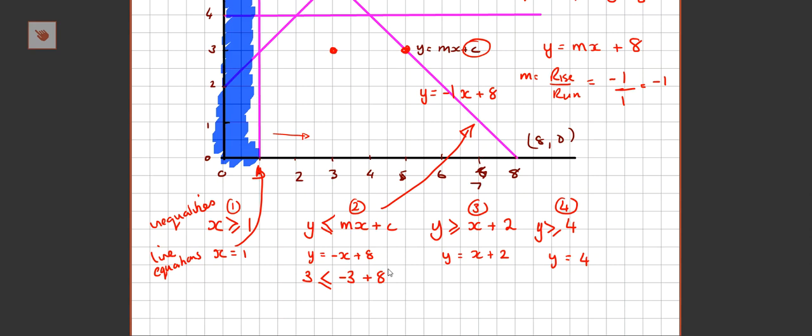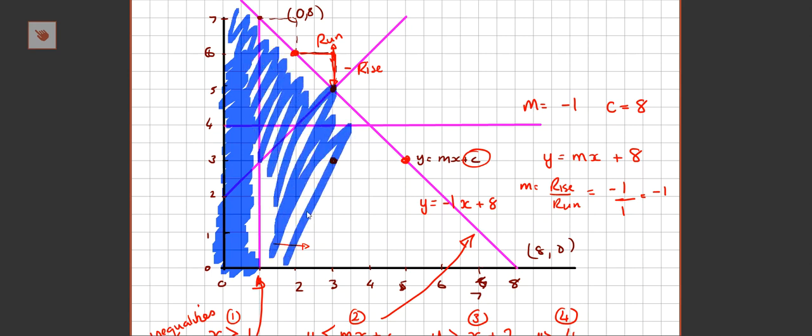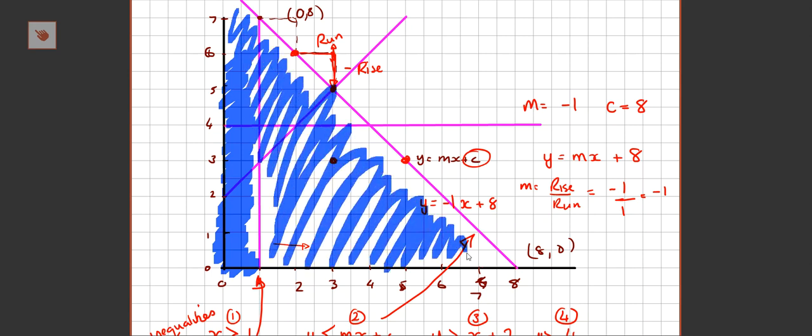No, it's not. That is not true. Therefore, I'm not allowed that point, which means I'm not allowed any point that side of the line. So I'm going to shade everything under the line. That makes sense?